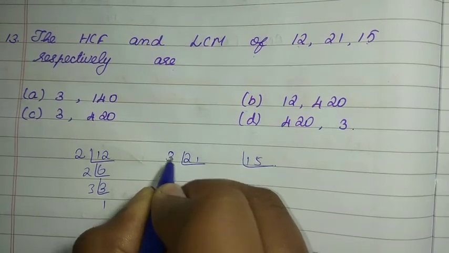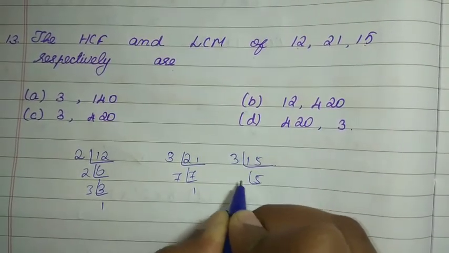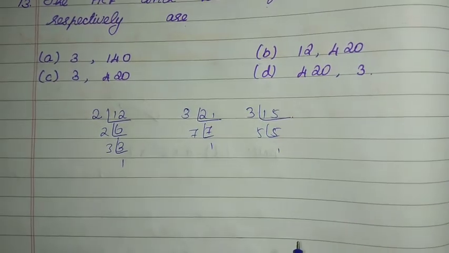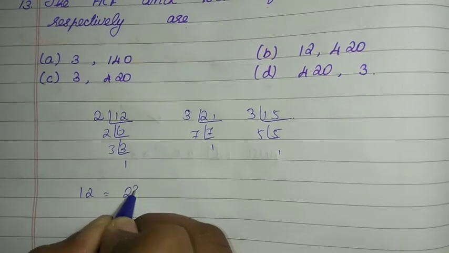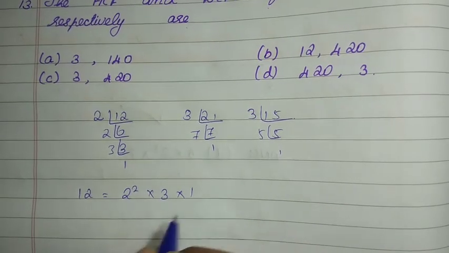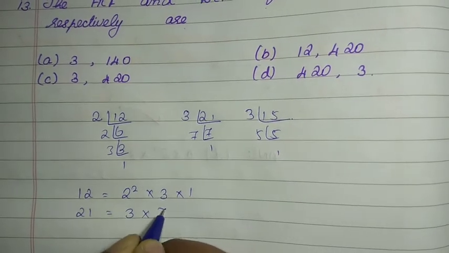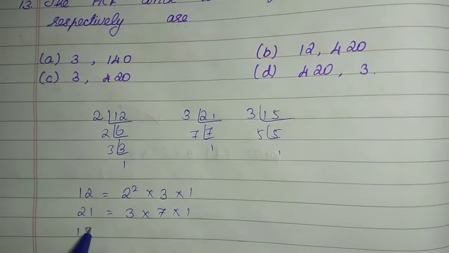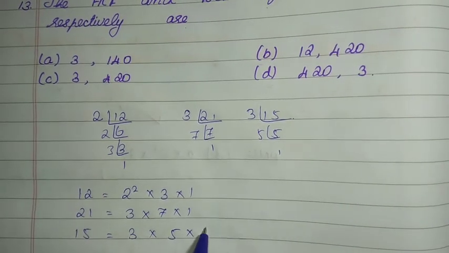So 3, 7, 7, 1, 3, 5, 5, 1. So now I will be writing the prime factors. So 12 is equal to 2 square into 3 into 1. Then 21 is equal to 3 into 7 into 1. And 15 is equal to 3 into 5 into 1.